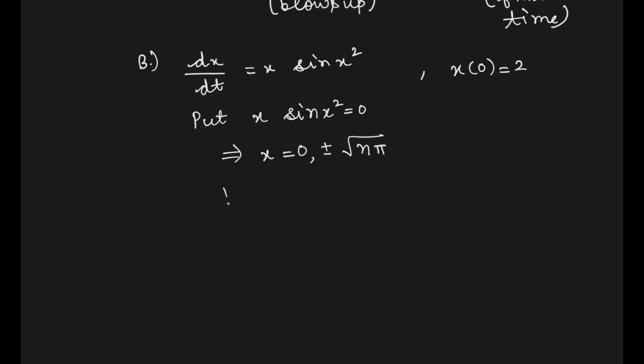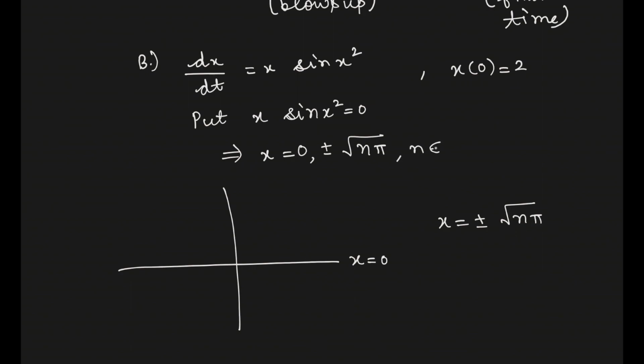So I can find this solution by plotting a directional field. Equilibrium solutions are x equal to 0 and x equal to plus minus square root of n pi, where n can be a natural number.